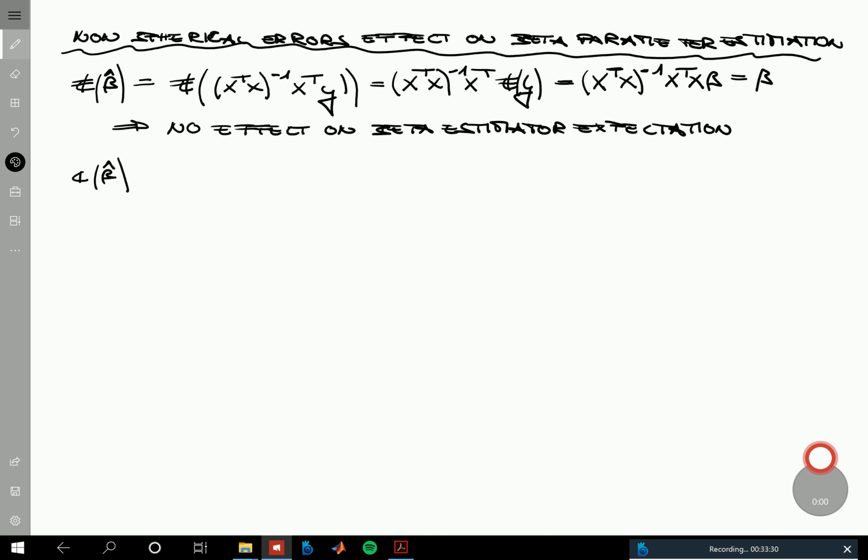You might remember from the linear transformation theorem for Gaussian transformations that we need to transform the covariance matrix of the data, sigma y, by the transformation matrix, and then we get the covariance matrix of the beta parameters.